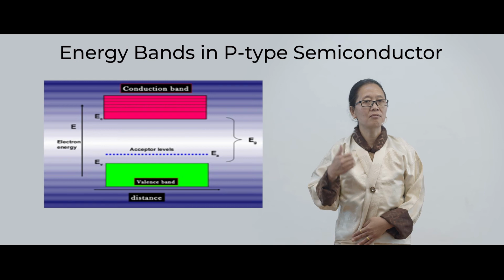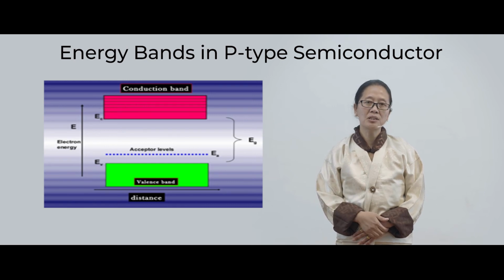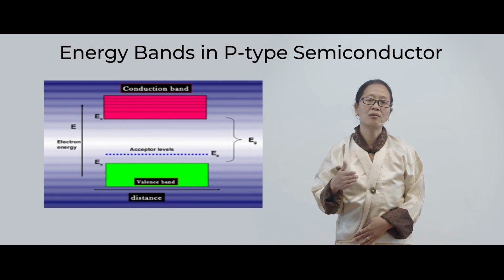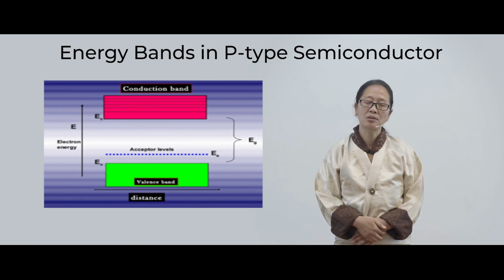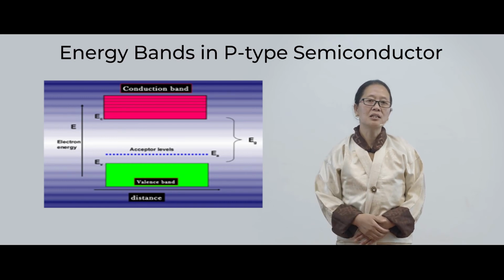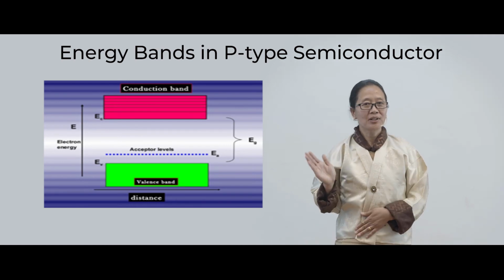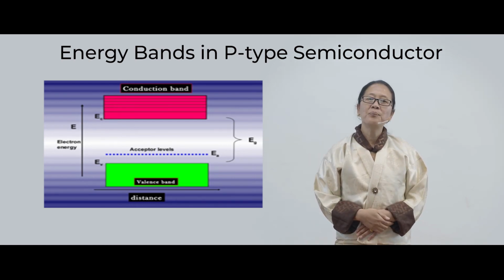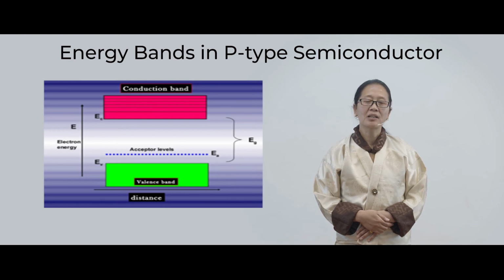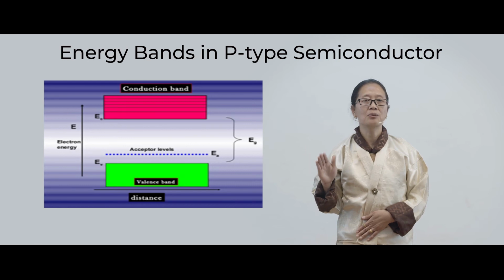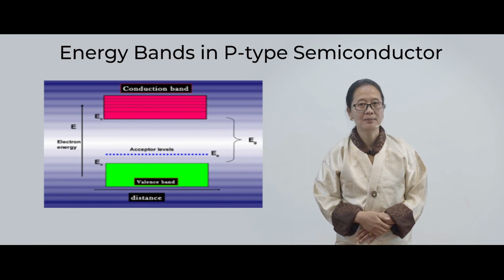So here the impurity acceptor atom creates an energy level just above the valence band, which is called acceptor level.